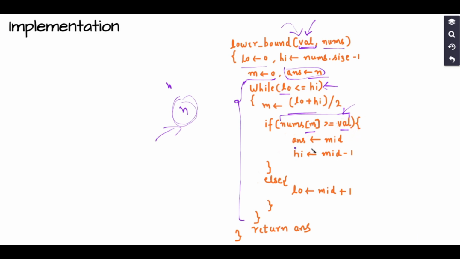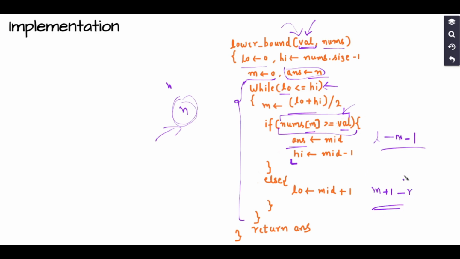So I store this middle point into the answer variable, and I reduce the search space from L to middle, or middle minus 1. While if this condition is not satisfied, then I reduce the search space from middle plus 1 to R.